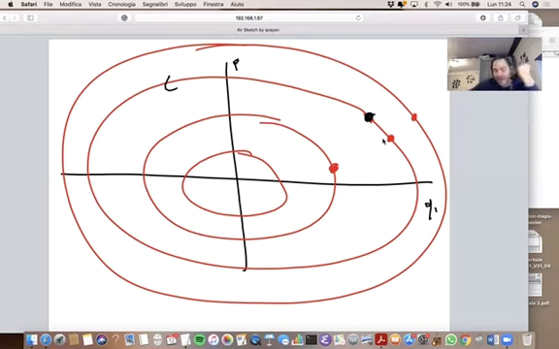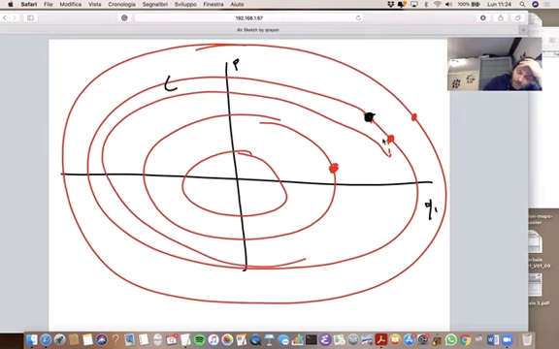So clearly, if I make a small error, and rather than being on this orbit, I'm on this orbit, I will follow a slightly different orbit, but I will never depart exponentially. I will pass periodically arbitrarily close to my initial point.